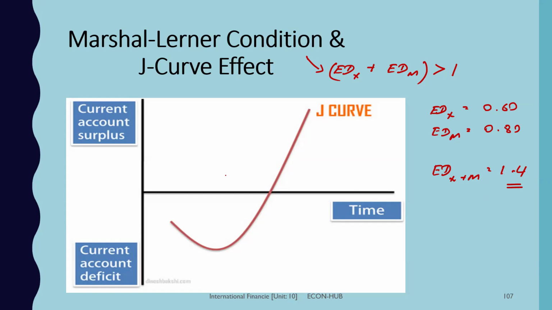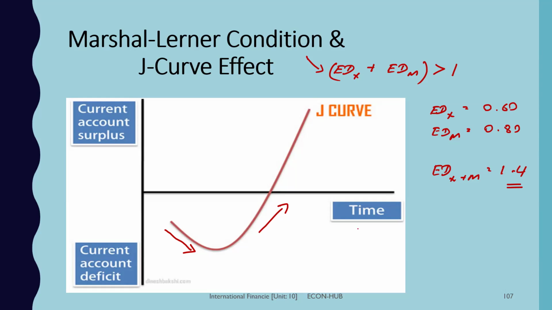Devaluation is a go ahead. But even in this condition, if you practice devaluation, the J-curve effect says initially there is going to be a worsening. Initially, the current account is going to go from bad to worse into a further deficit. Only then, eventually, you will see an improvement.